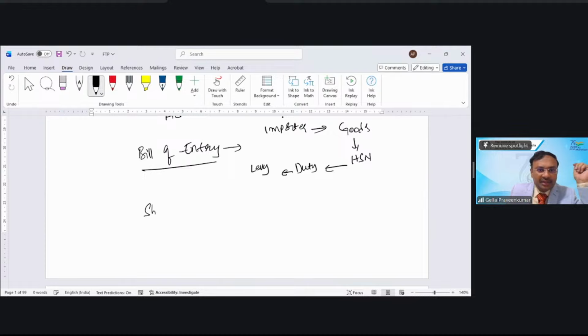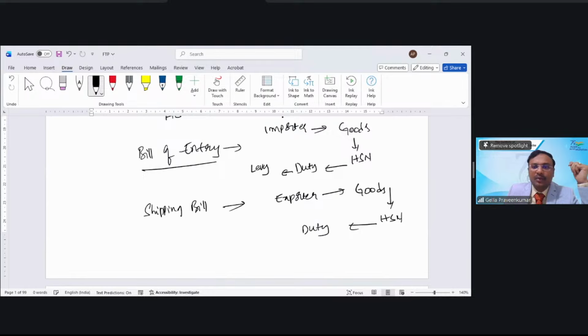Similarly, when you watch your shipping bill, you have your exporter, the goods which are exported, then based on the goods, what is the HSN? Then in case any duty is payable, what is the duty which is called export duty? So here, Schedule 1 is where you will see the rate of duty. Schedule 2, you will find your export related duty.